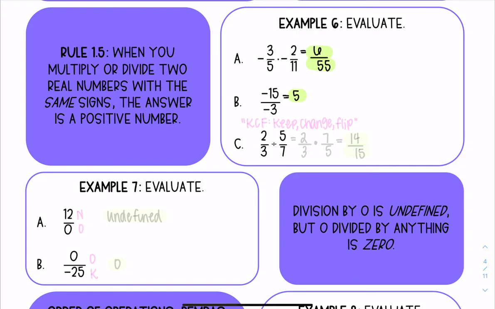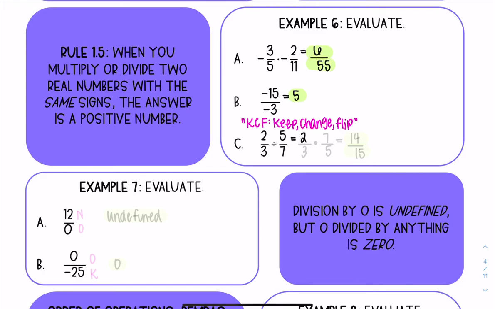And then letter C tends to be the one most people forget. So we have this rule, and it's KCF. And that means keep, change, and flip. And we do this when we're dividing with fractions. So you keep the first fraction exactly the same.